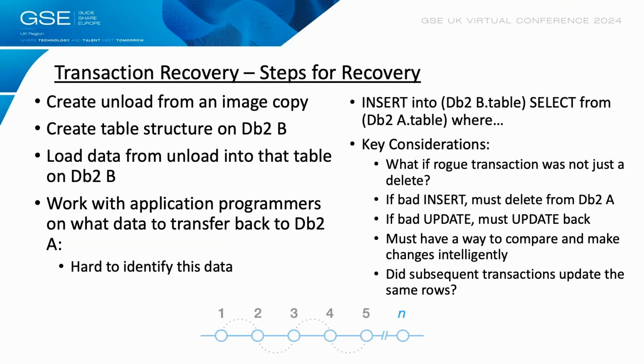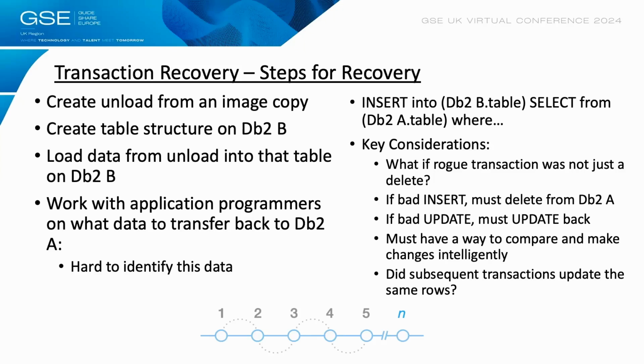Okay, so then you've got to get your application programmers on a call, sit around the table, whatever, and you're going to have to look at the data and work out what's to be transferred back. And then you just write an insert. Once you've updated the B table, then you're just going to write an insert.